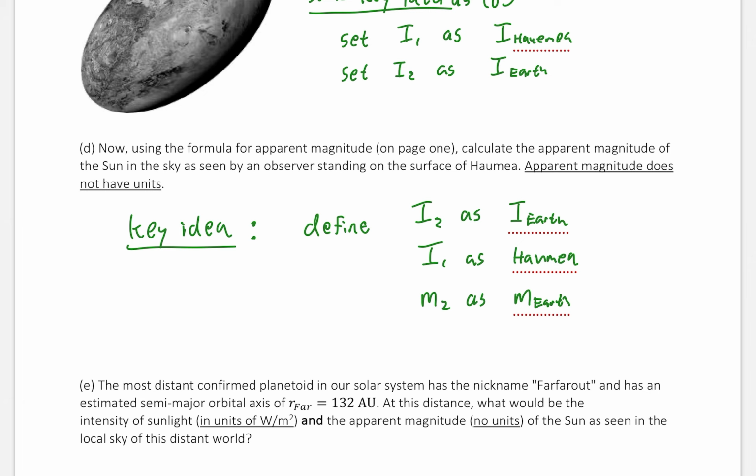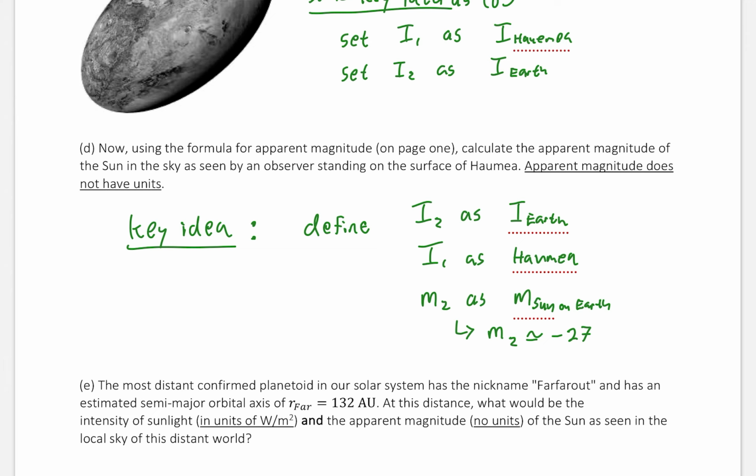What do I mean? Well, I actually mean M Sun. It's the sun as seen on Earth. So we'll just write it as sun on Earth. And that is a known value. You have to look it up from the table, and it turns out that M2 is approximately negative 27. We need that to be able to solve directly for our M1.